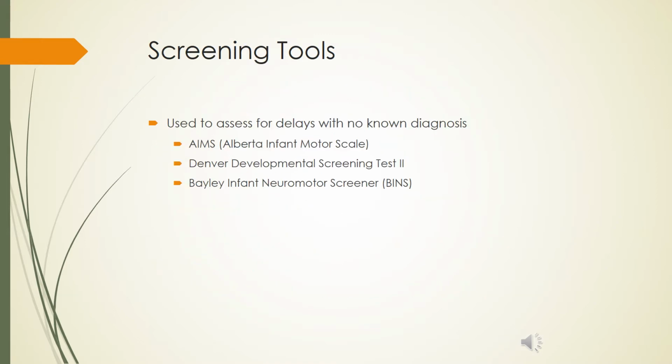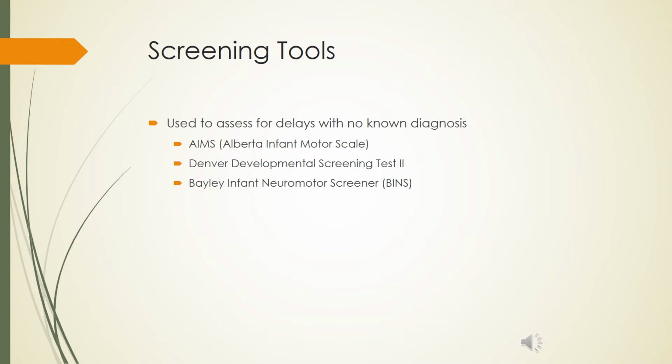So screening tools you would use are much more of a surface type of assessment, not going super in depth, but you would use them to assess for delays. So if a child does not have a known diagnosis or disorder, this is when you're going to use a screening tool. The AIMS, or the Alberta Infant Motor Scale, is a little bit of a not normal one because it can be both a screening tool or its own standardized assessment that you could use with kids that do have a disorder.